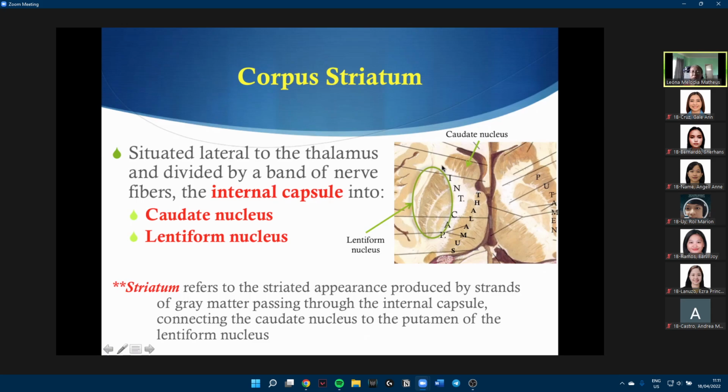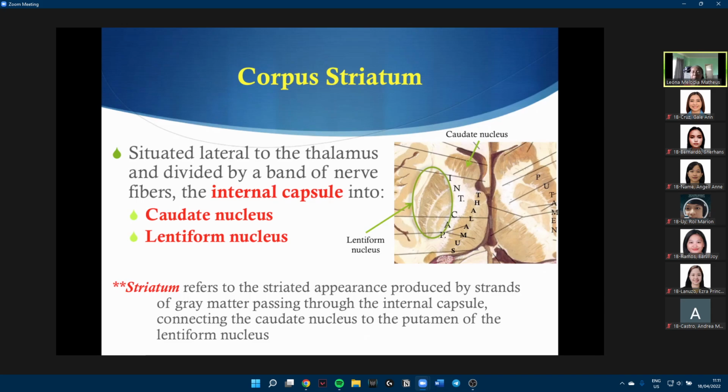Now, as to the internal capsule, again, we may say that it has certain parts as well. So this upper portion here is what we call the anterior limb. The part here is the posterior limb. And in between them, you have this angle, what we call the genu.